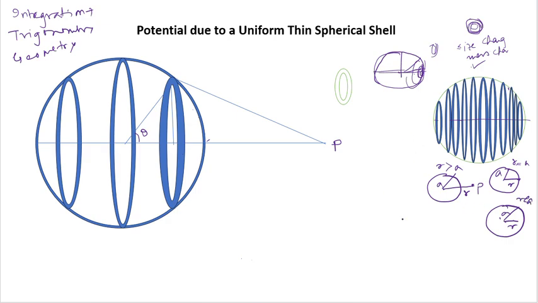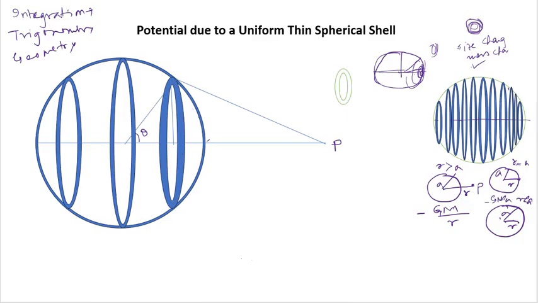For each case, I'll write the formula here. Okay, derive the formula. So potential, I know, is always negative. In this case, if the mass of the hollow sphere or thin shell is m, then it is GM by r. For the case r equal to a, it will be GM by a, correct.